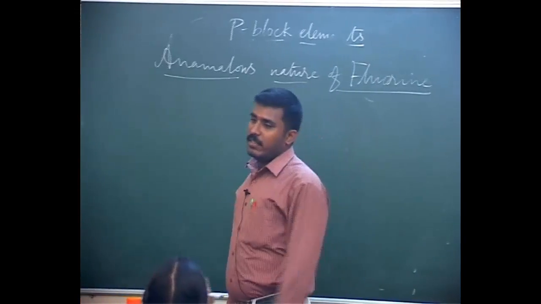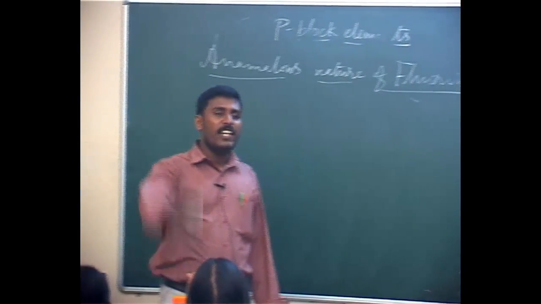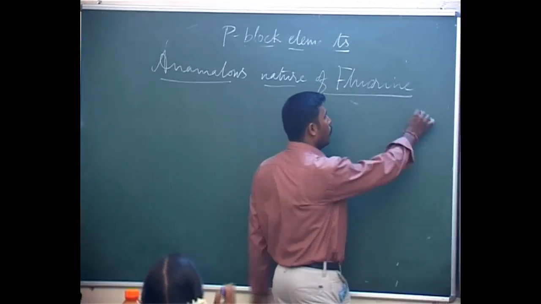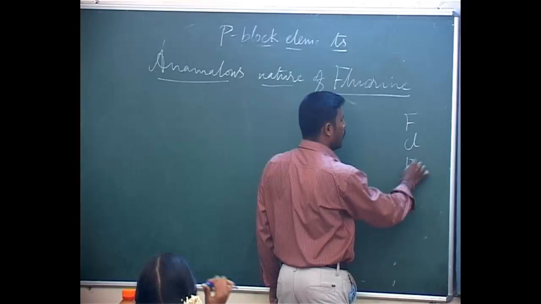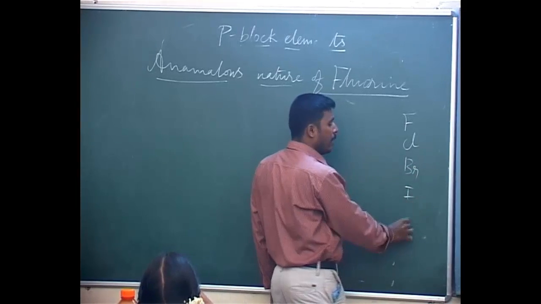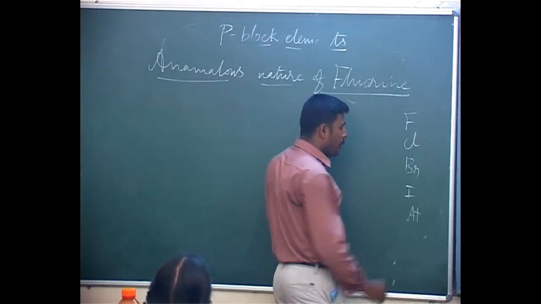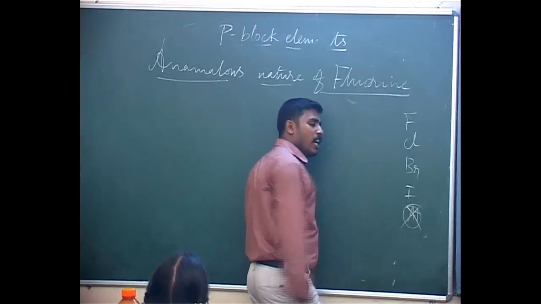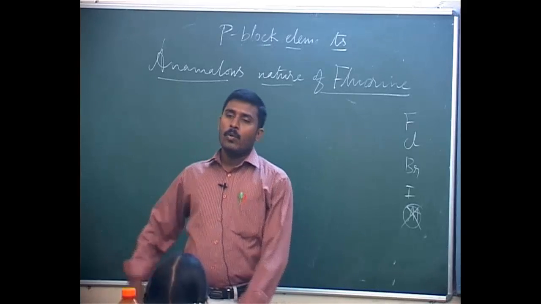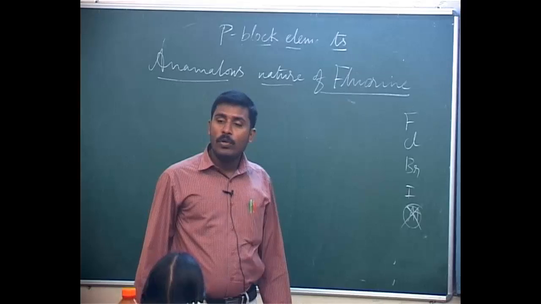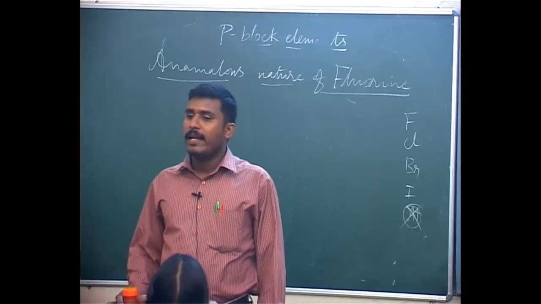You know the halogen series. The 17th group elements are known as halogens. In the 17th group: fluorine, chlorine, bromine, iodine, astatine. Astatine is present in the 17th group, but it is not a halogen. That's a radioactive element. So only four are true halogens, namely fluorine, chlorine, bromine and iodine.